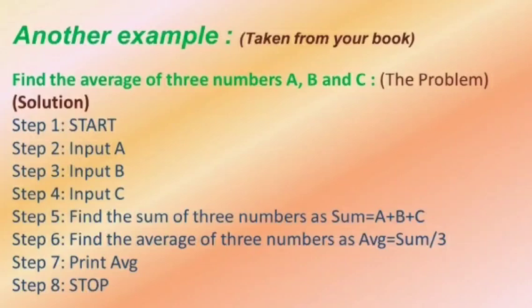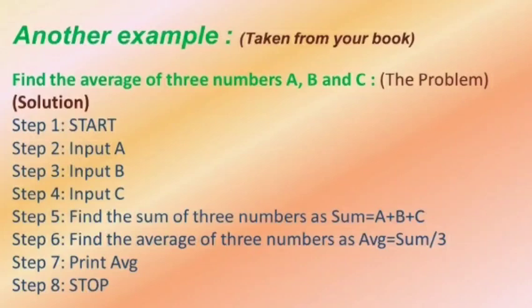Step 5. Find the sum of three numbers as sum equal to A plus B plus C. Step 6. Find the average of three numbers as AVG equal to sum divided by 3.